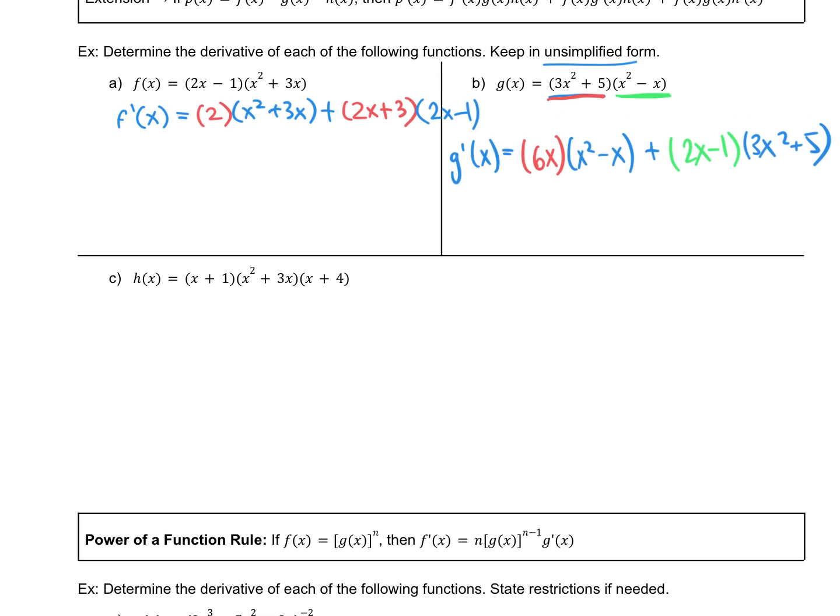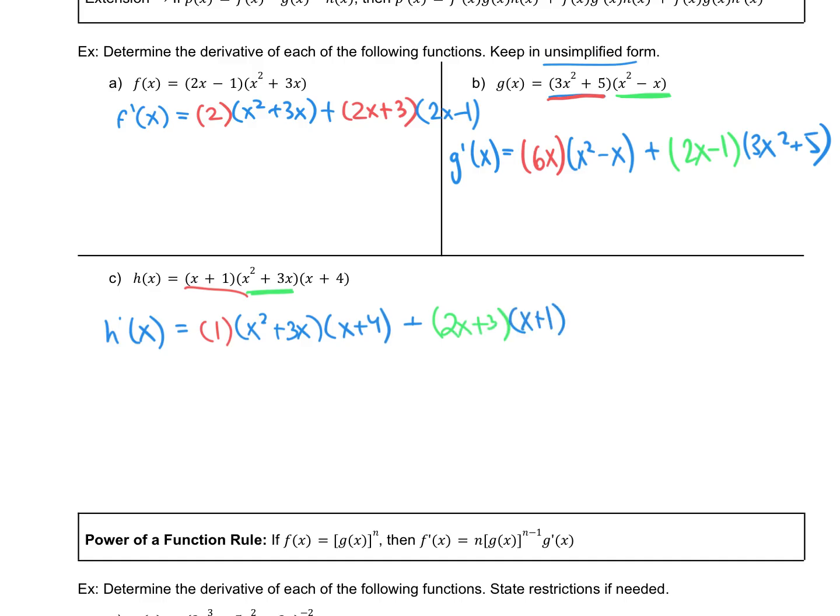If I have three terms, I'm just taking turns, taking the derivative of each function. So I'm going to start with the derivative of the first bracket, x plus 1, the derivative is just 1. Copy paste everything else. Plus, I'm going to take the derivative of the second function. That's 2x plus 3.